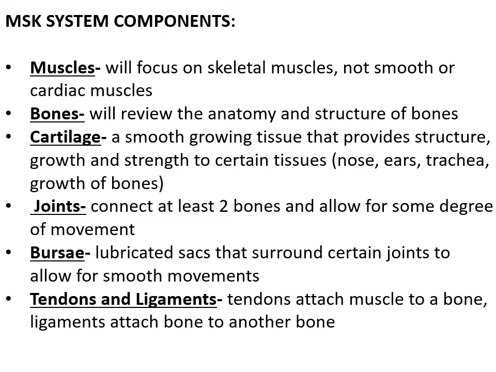Okay. Tendons and ligaments. So we'll get into these a bit more. So tendons are what attach muscle to bones, and when the muscle contracts, it allows for movement of the bone, and it exerts that through tendons, right? So there's typically a muscle.